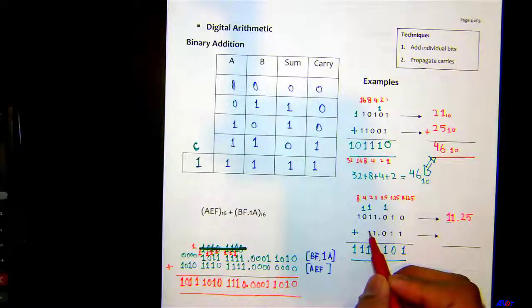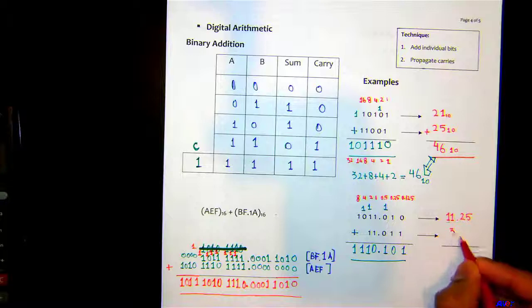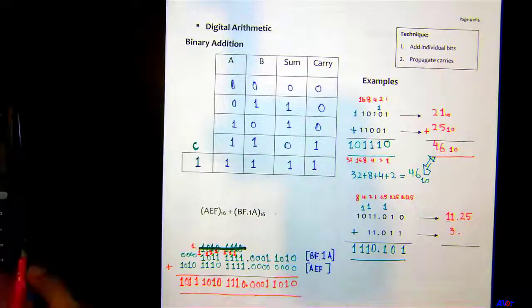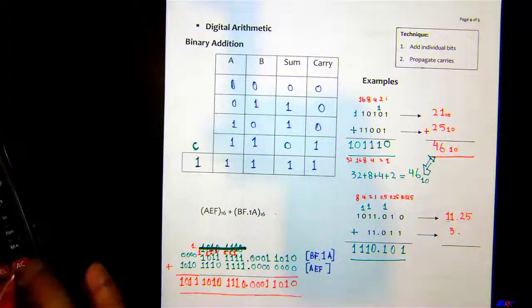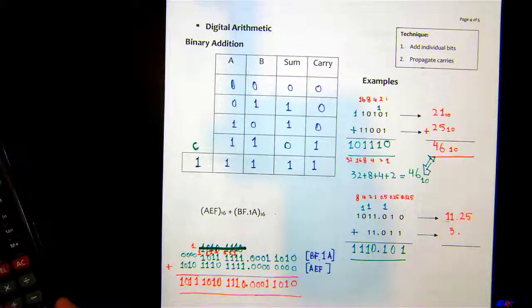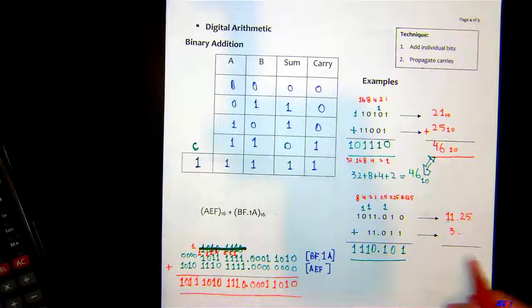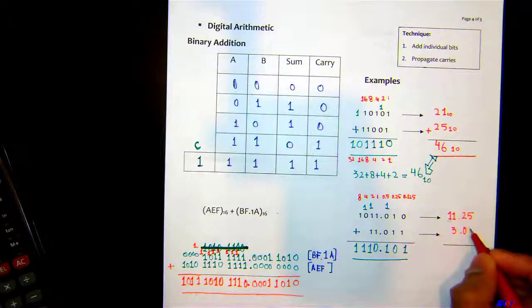Okay, what is the decimal equivalent of this number right here? 1 plus 2 is 3. And this is 0.25 plus 0.125, 0.375.